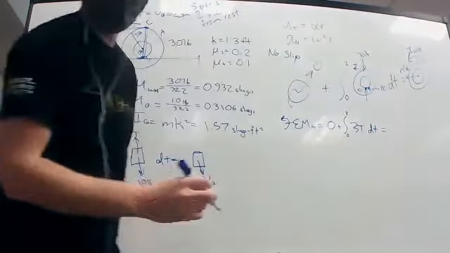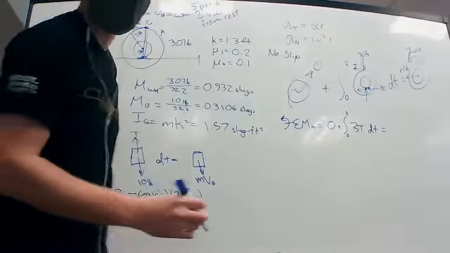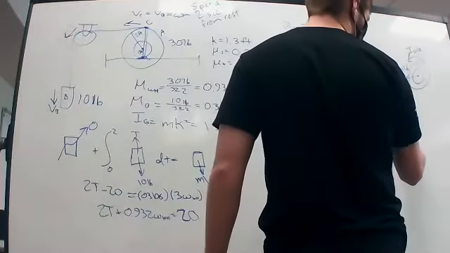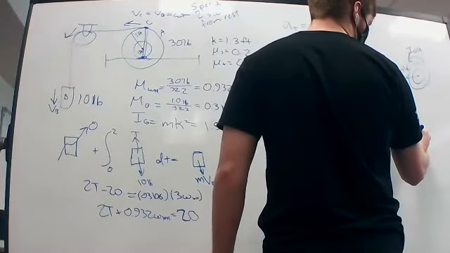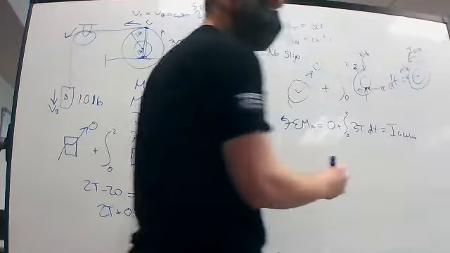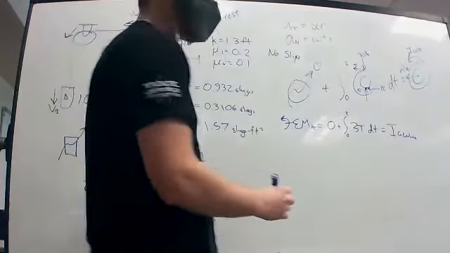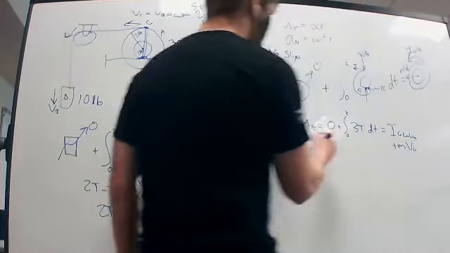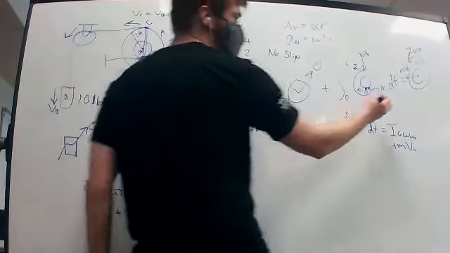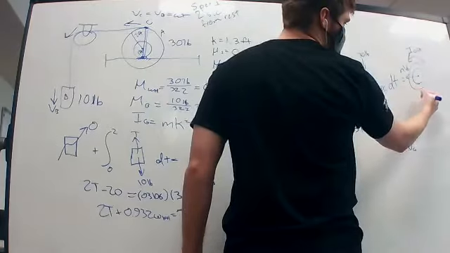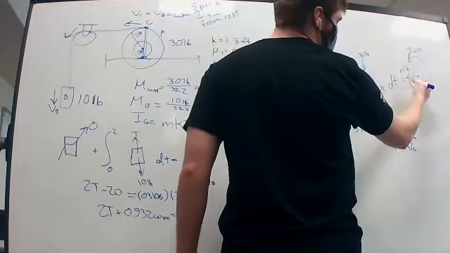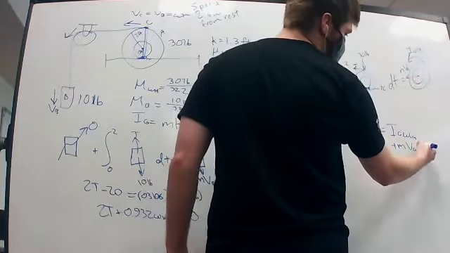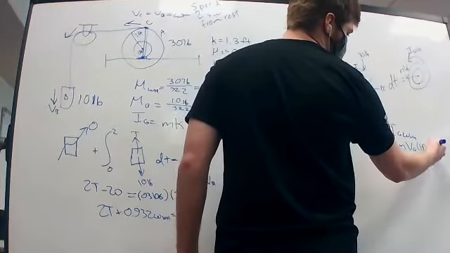So that's going to be equal to Ig omega of the wheel plus mvg, since we said counterclockwise about this point. As this comes around, mvg is going to be positive, and the distance there is going to be 1 foot.